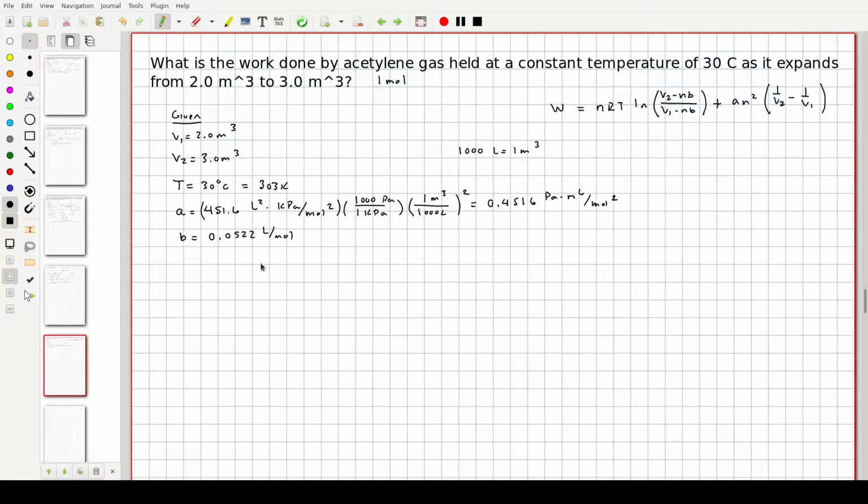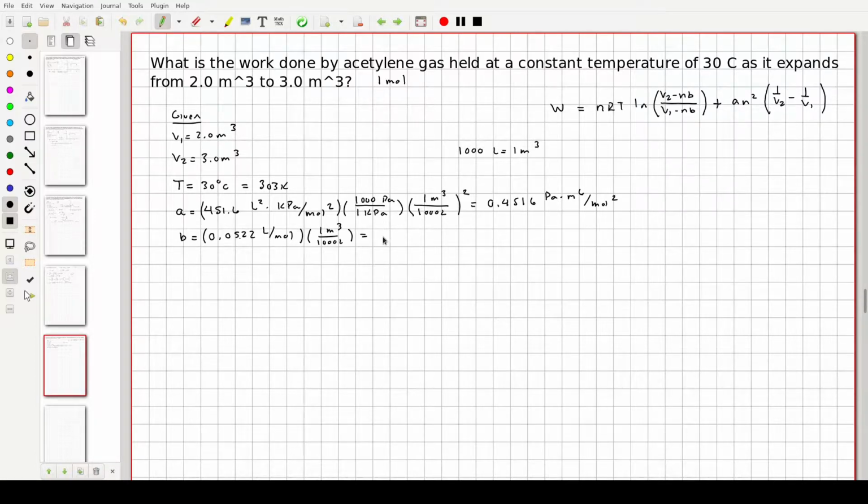It's a weird unit. Now for this one, again, we want to note the fact that for every 1 cubic meter, you have 1,000 liters. So I have a factor of 10 to the minus second here, and a 10 to the minus third down here, whenever it does this division.